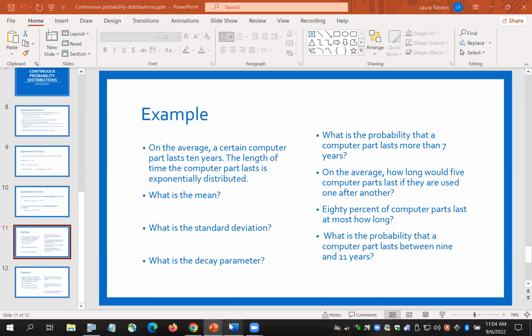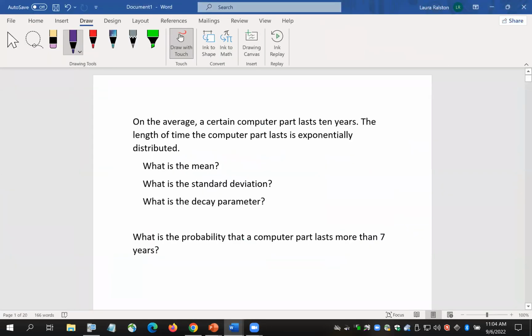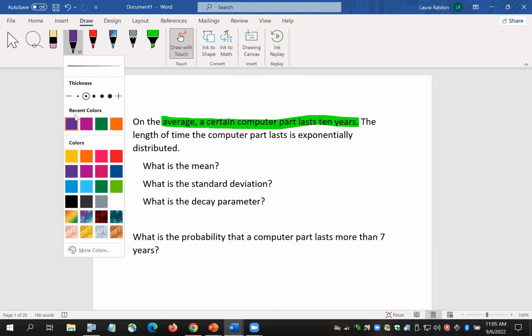Okay, so let's go back to this question. So it asks us, first of all, what is the mean? And again, the mean is given to us in the problem. It uses the word average, but it says on average, a certain computer part lasts 10 years.